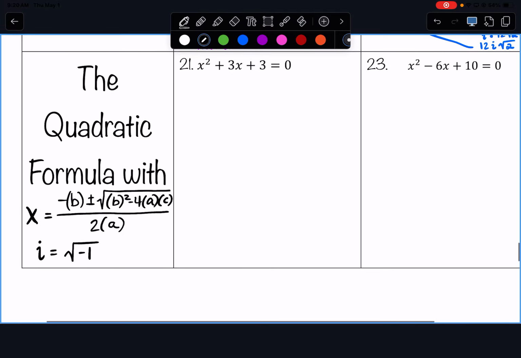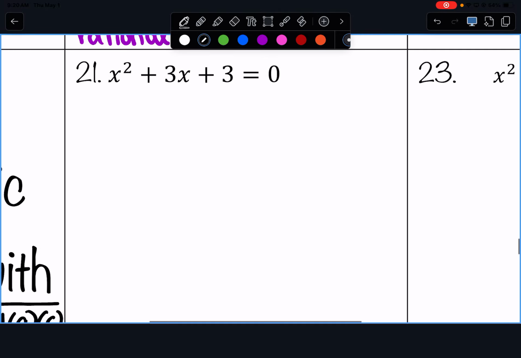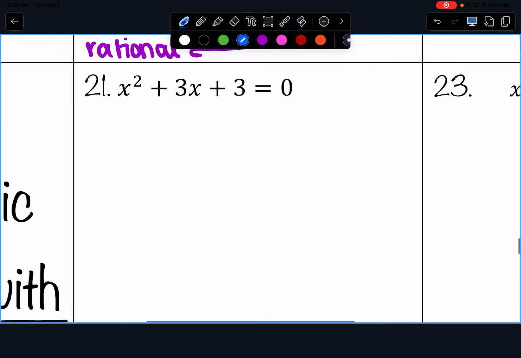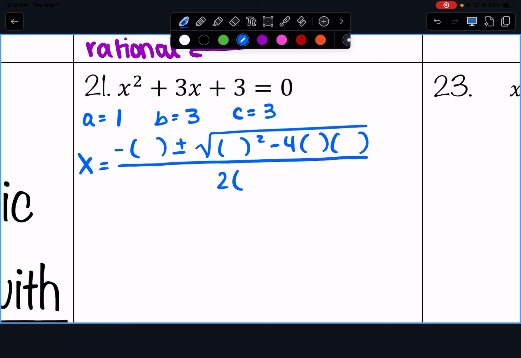So I want us to go ahead and look at number 21. For 21, what is a? 1. What is b? What is c? 3. So now we set up x equals negative b plus or minus the square root of b squared minus 4 times a times c all over 2 times a.